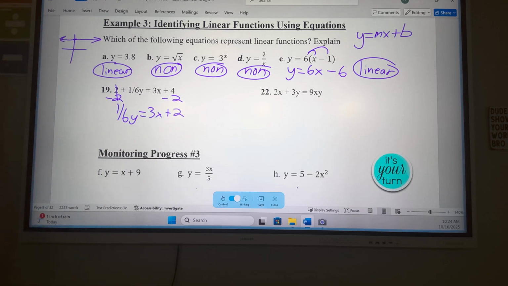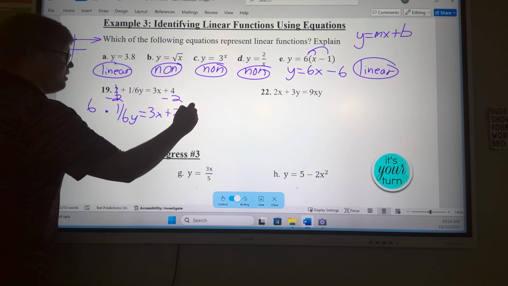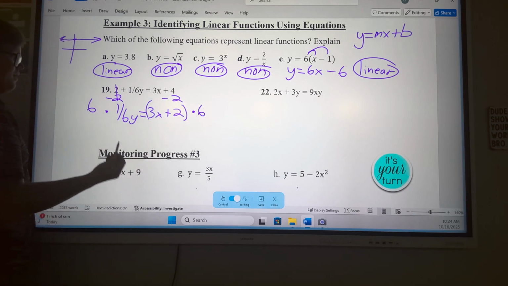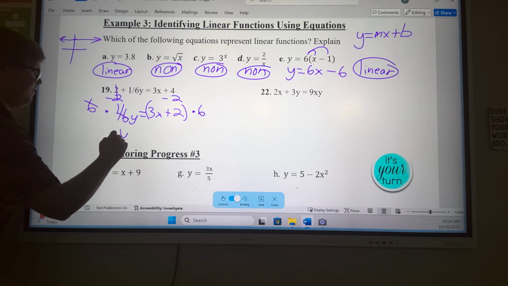Now we can get this y by itself. Again, if you remember, if we want to get a fraction off of a variable, the easiest thing to do is multiply by the reciprocal. The reciprocal is the opposite of a fraction, 1 over 6. The opposite of 1 over 6 is 6 over 1, or 6. So we're going to multiply by 6 to both sides. Now when we multiply by 6, we have to multiply the 2 and the 3x by 6, right? Okay, so we canceled that out, so y is by itself.